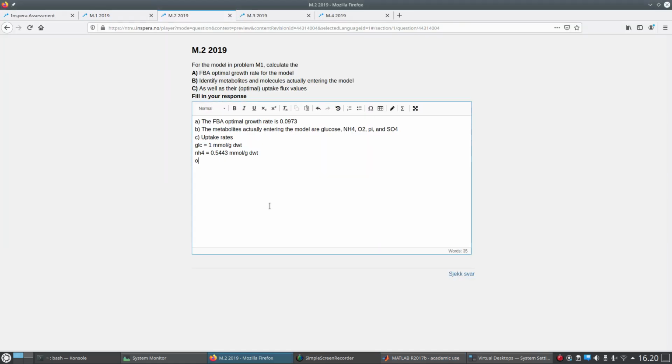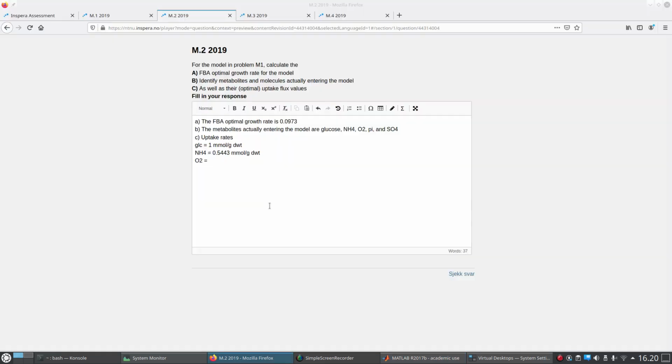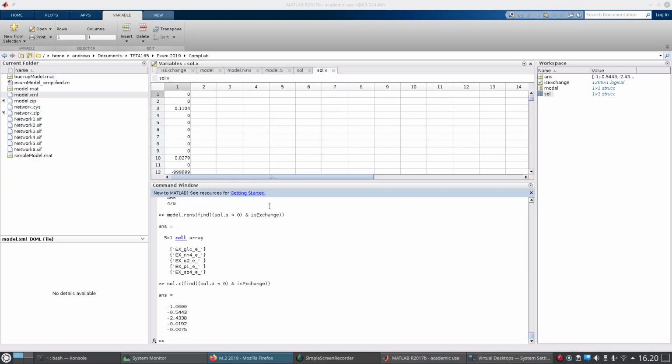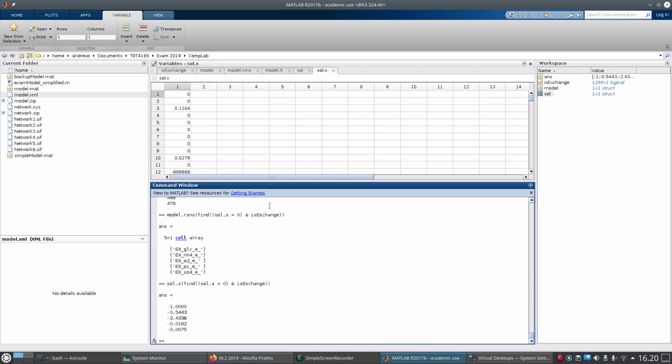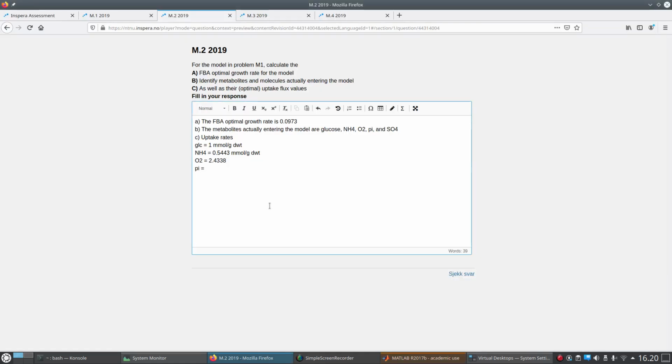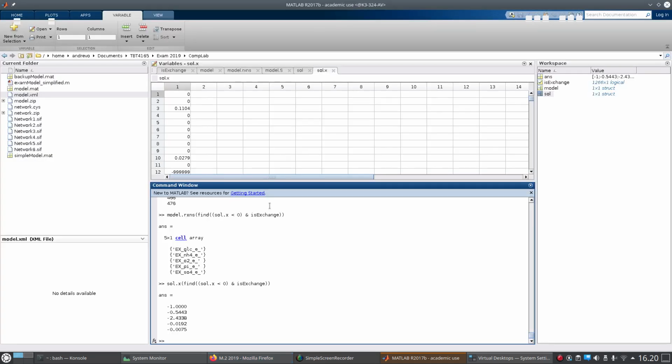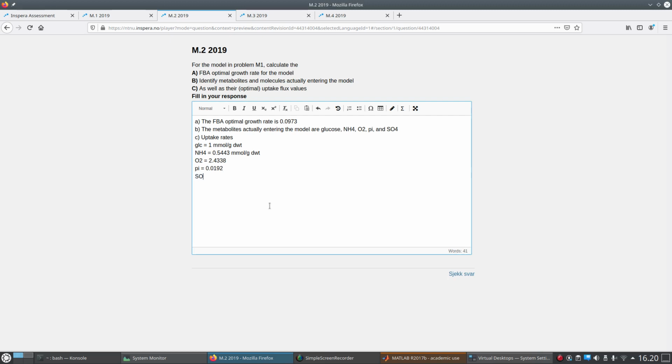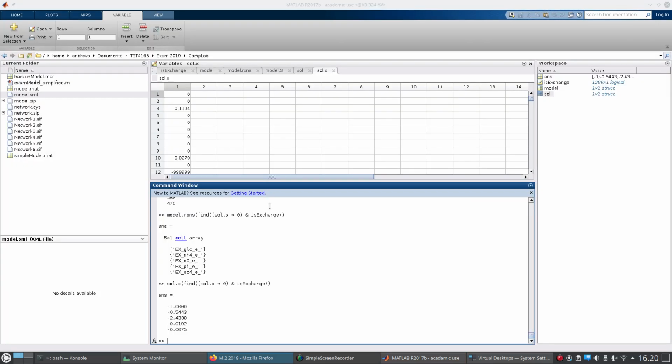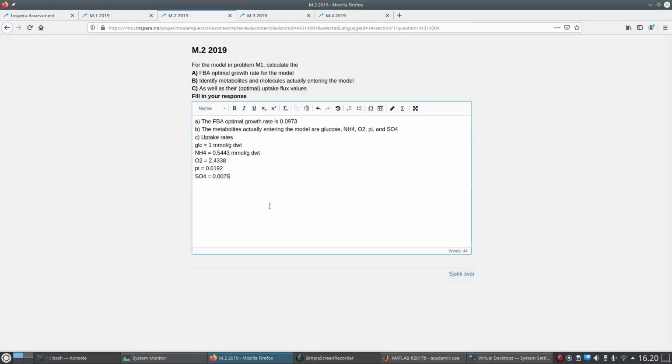Third was O2. That is 2.4338. Phosphate was 0.0192. And last was SO4, which was 0.0075.